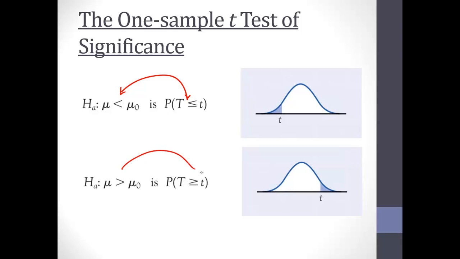Similarly, if we want greater than, we're going to look at the area to the right of our test statistic. So exactly the same idea. These pictures should look very similar to what we saw in chapter 15. Just how we actually calculate the p-value is going to change ever so slightly.